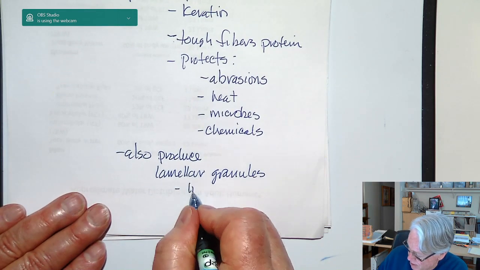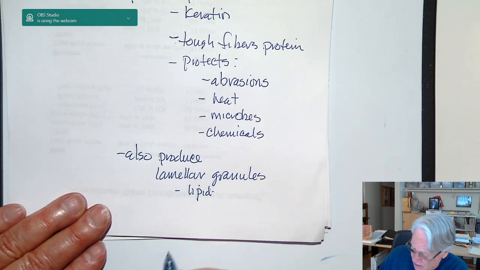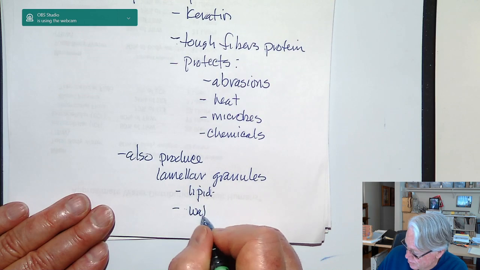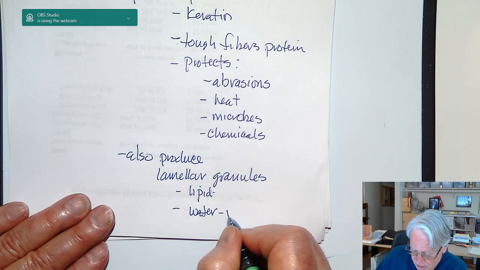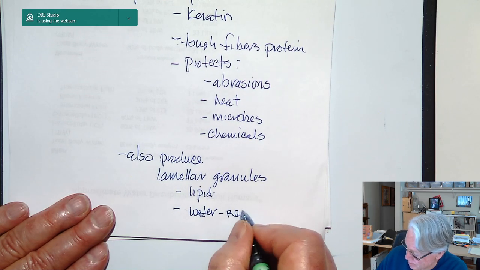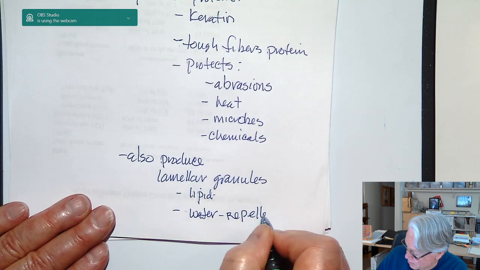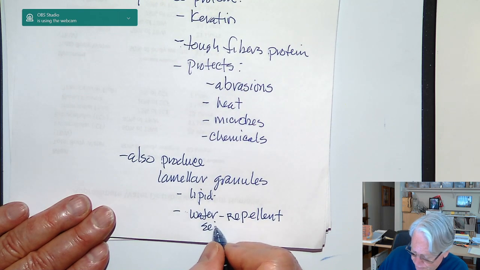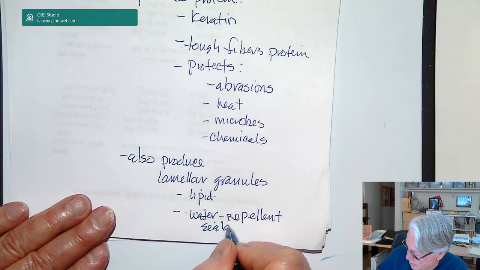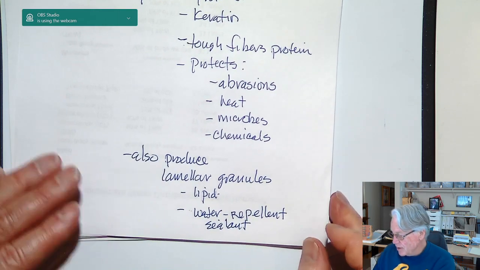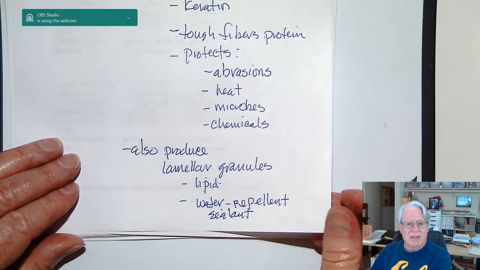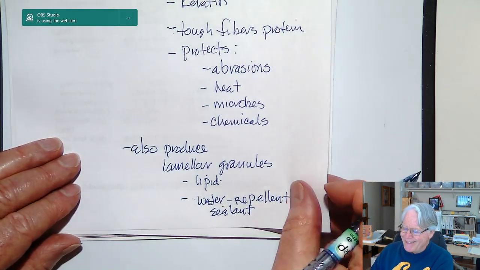It is a water resistant or repellent, as your book mentions, sealant. So the lamellar granules contain a lipid substance that is acting as a water repellent and sealant.